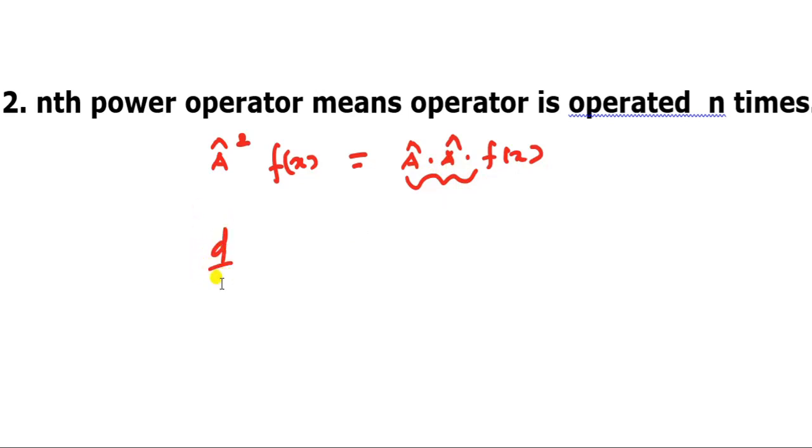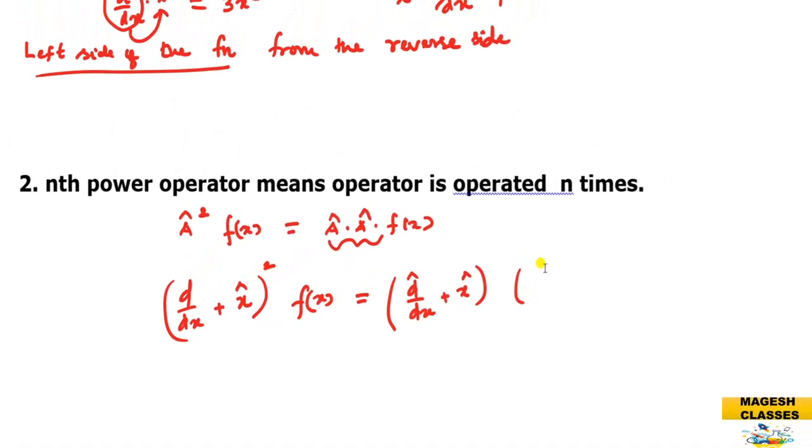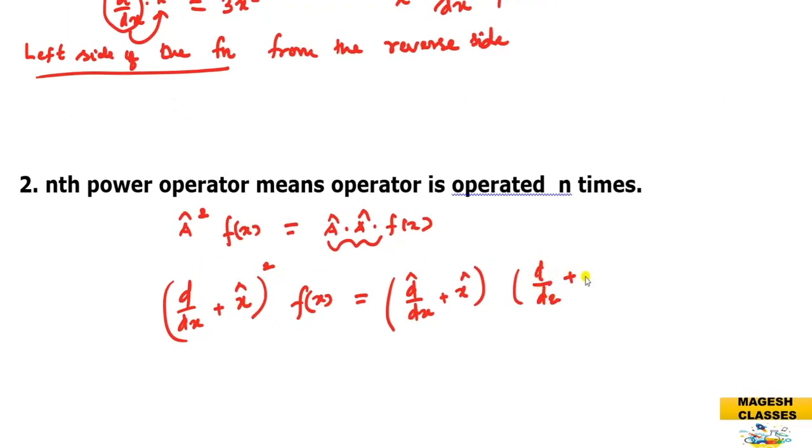One more example: d by dx whole square on the function f of x. This will be operated 2 times, so d by dx operates, and then again on the result. So 2 times the operation is carried out on the function f of x.